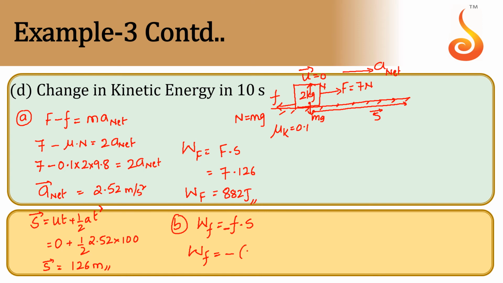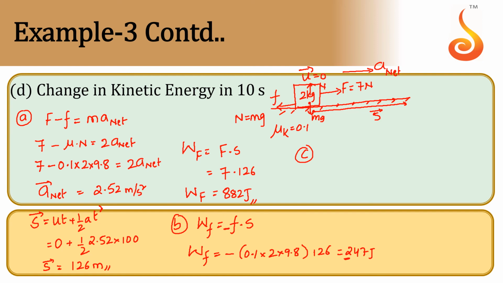So mu is 0.1 and mg is 2 into 9.8, into displacement, which is 126. Simplifying, 0.1 into 9.8 into 2 into 126 gives us 247 joules, minus 247 joules. Why? Because the work done by friction is always negative. So minus 247 joules.